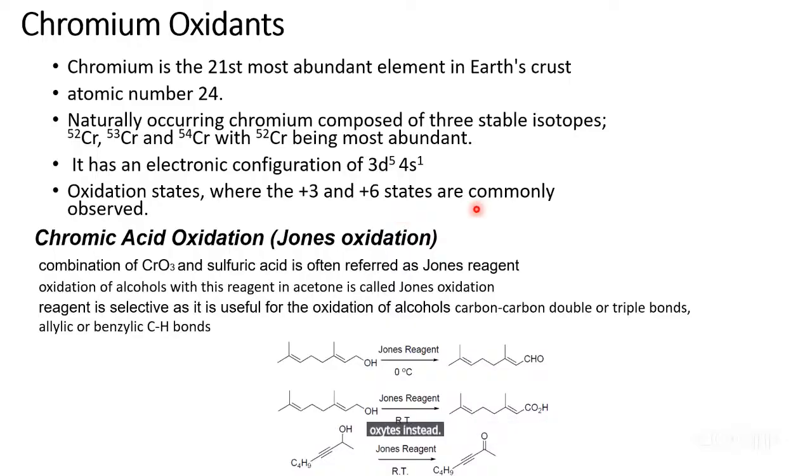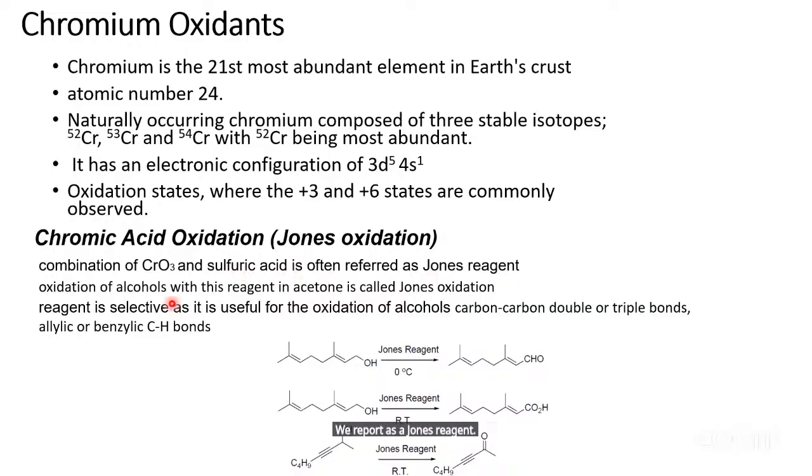The wide oxidative reagents consist of chromium 6. The first oxidative reagent is chromic oxide in presence of sulfuric acid. When you add CrO3 in presence of sulfuric acid, we refer to it as the Jones reagent.